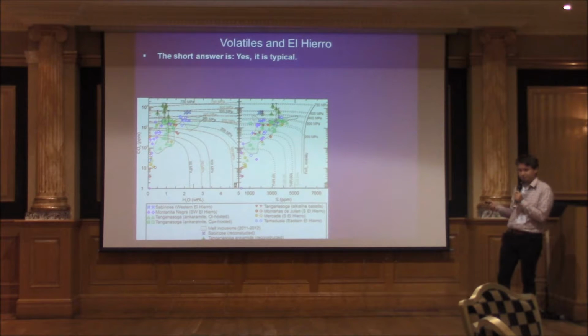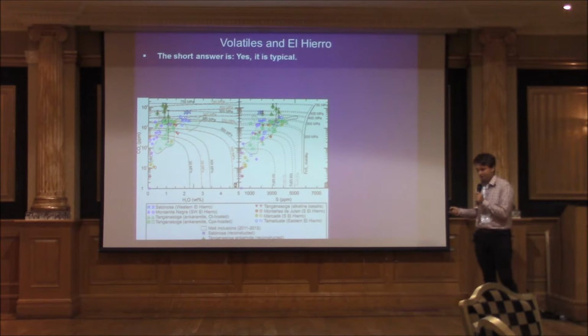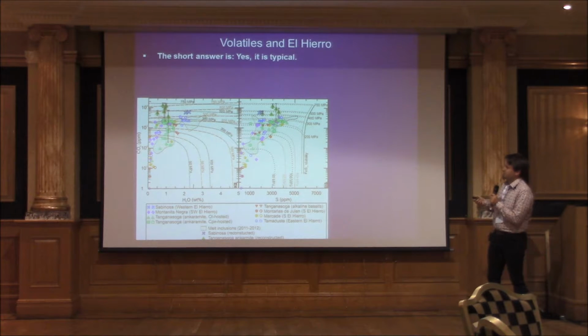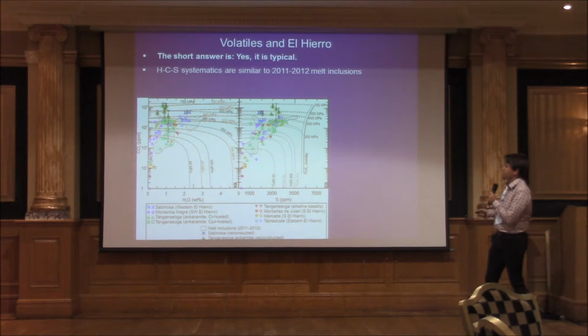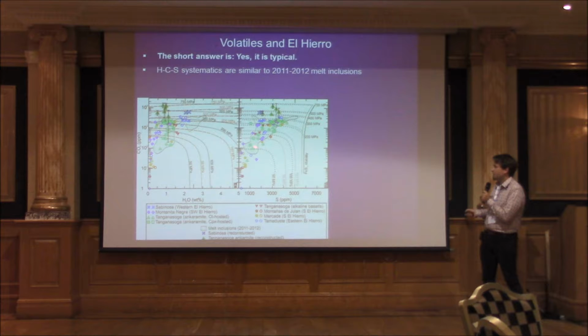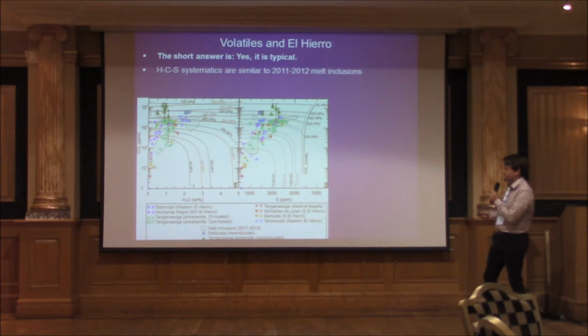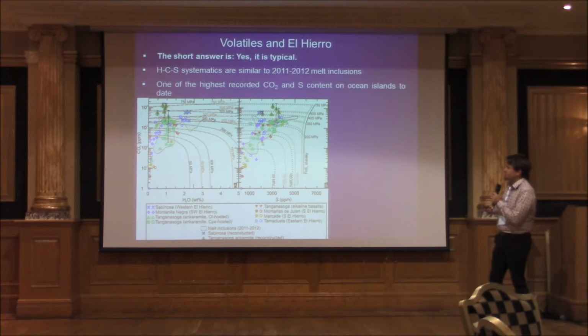The short answer to whether this was an outlier is yes, it is typical for El Hierro to produce such volatile-rich magmas. After measuring quite a few melt inclusions for water, carbon, and sulfur concentrations, we found that the composition of the 2011-2012 eruption overlaps quite well with our samples, which are from the last 20,000 years or so.